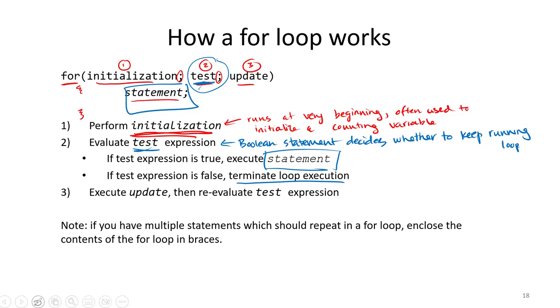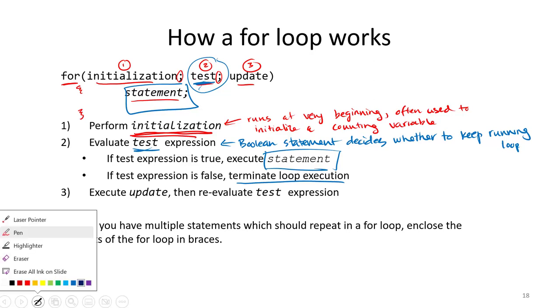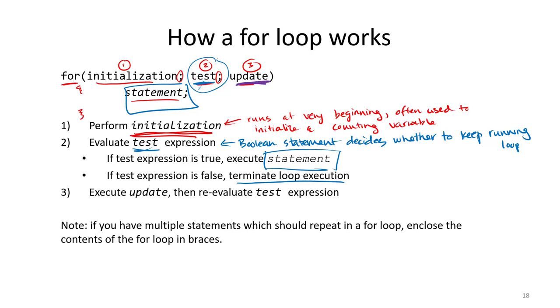And then finally, the last part of the for loop is this update. So update is often used to increment a counting variable. And one thing to note, once again, is that once update is completed, then we reevaluate test.